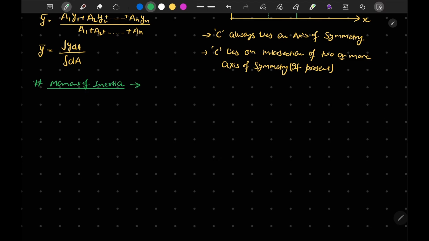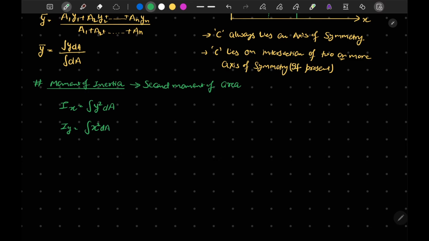Similarly, moment of inertia is the second moment of area. So I can write Ix is equal to the integration of y squared dA, and Iy is equal to the integration of x squared dA.